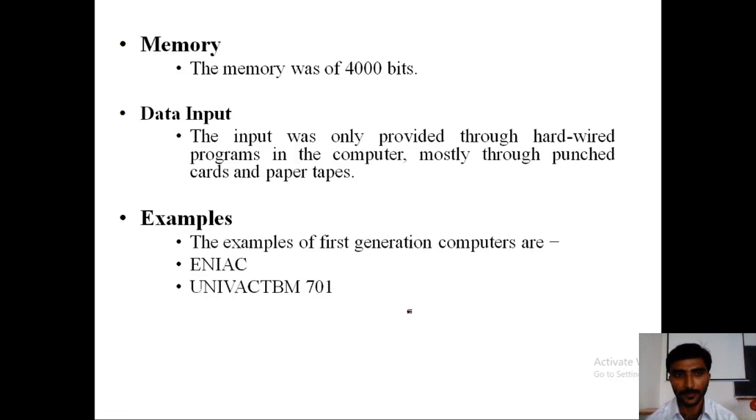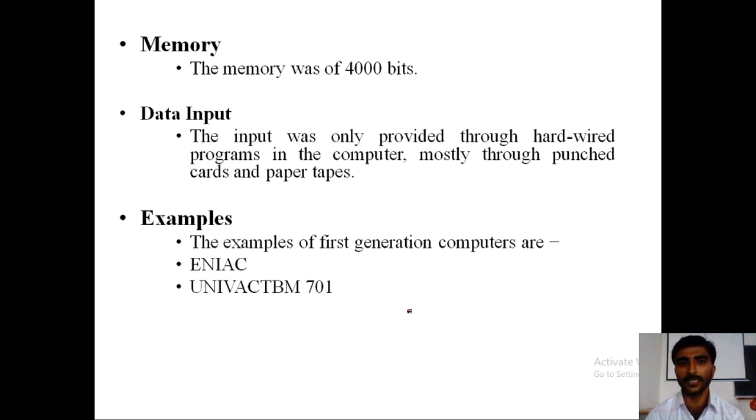And the memory, how much memory did they use? The memory was 4000 bits, which is less than 10 MB. You already know that 1 MB is equal to 1024 kilobytes, and 1 kilobyte is equal to 1024 bytes. Just divide that and you will get the size of the memory.